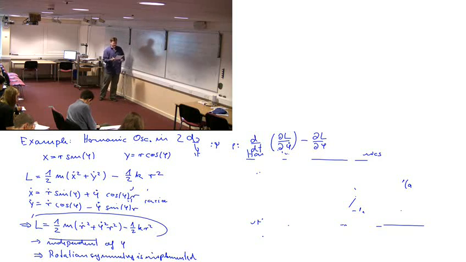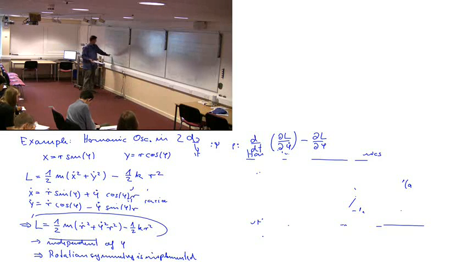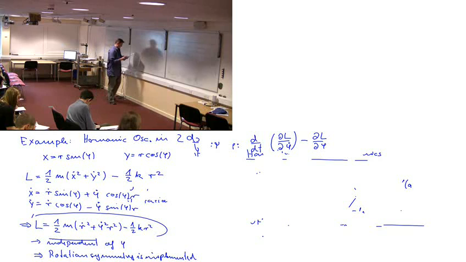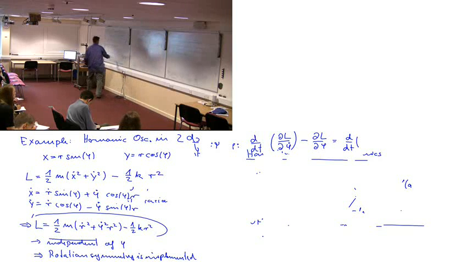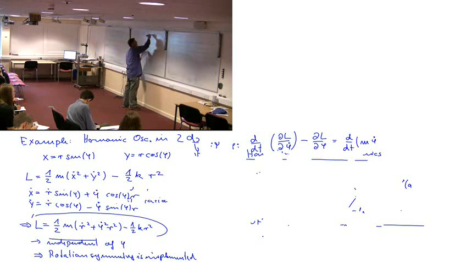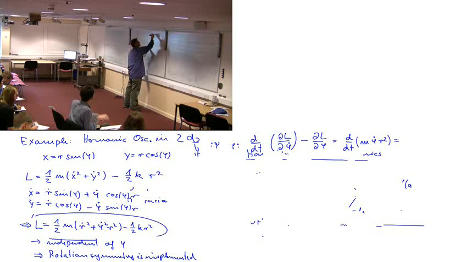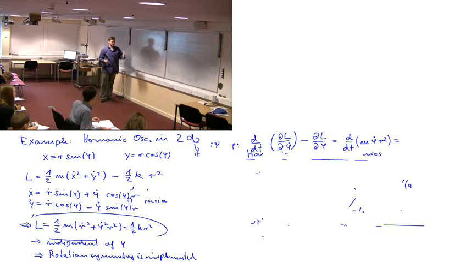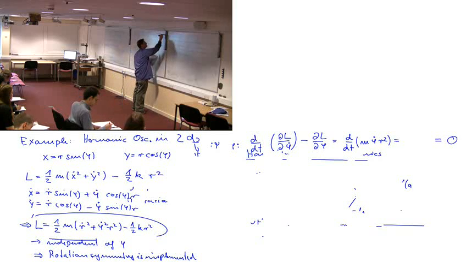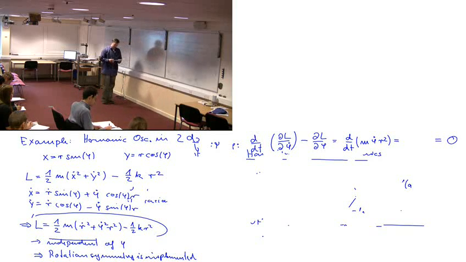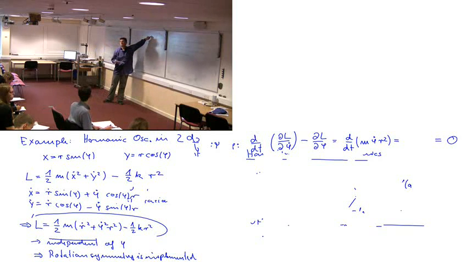So this thing here is 0 because L does not depend on phi. So we have just d dt, and the derivative with respect to phi dot simply gives us the 2. So we have m phi dot r squared and nothing else, because that is 0. And before I write the 0 on the right-hand side, which I can put here, what is m phi dot r squared?